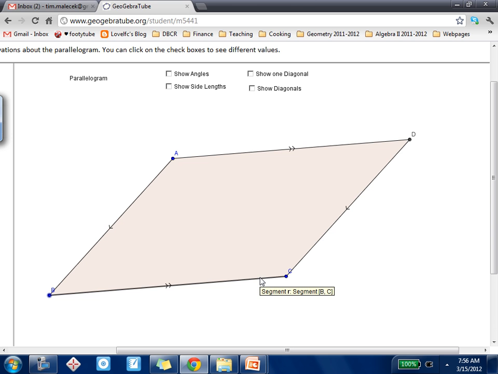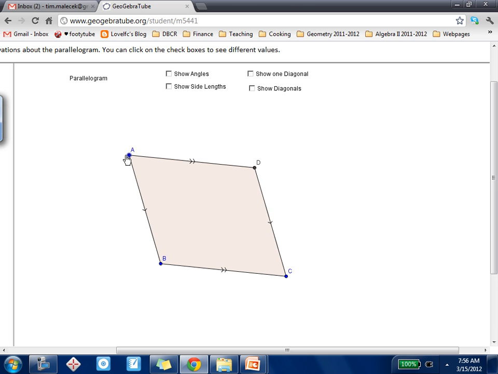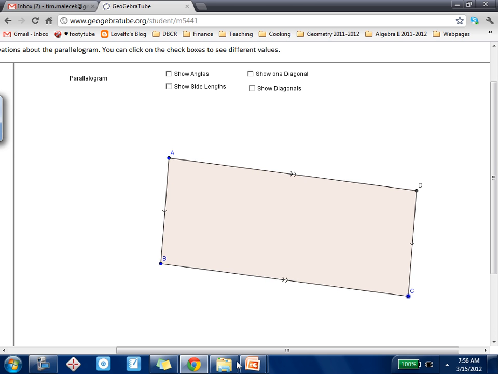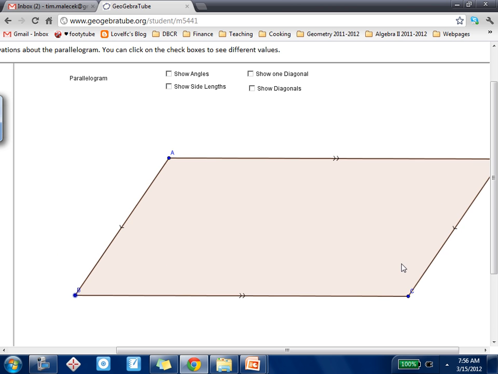We cool with this? Notice also, and this is for future reference, a square, for example, is also technically a parallelogram. Alright? Same with a rectangle. Oops, wrong point. Same with a rectangle. A rectangle is still technically a parallelogram. It's just a special kind. Okay? Today we're just going to talk about basic parallelograms, though.